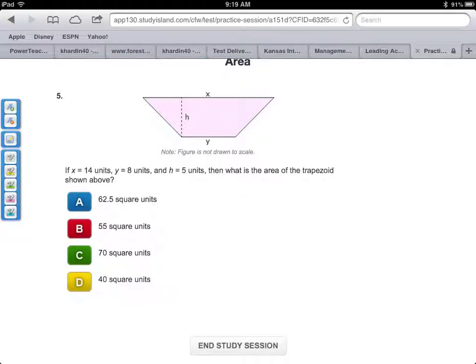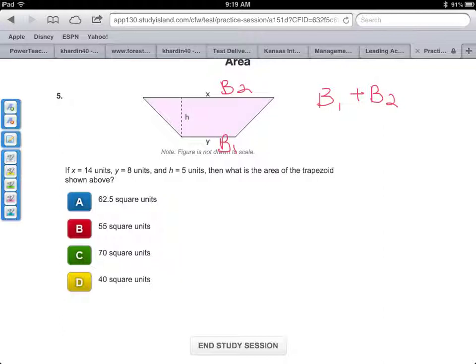Now this question is asking you to find the area of the trapezoid. We did not work on area of a trapezoid in our unit, but in the handout that was given to you, you're going to see what the equation is. To find the area of a trapezoid, you're going to need to take base 1, which is down here, the shorter one, plus base 2, which is up here.